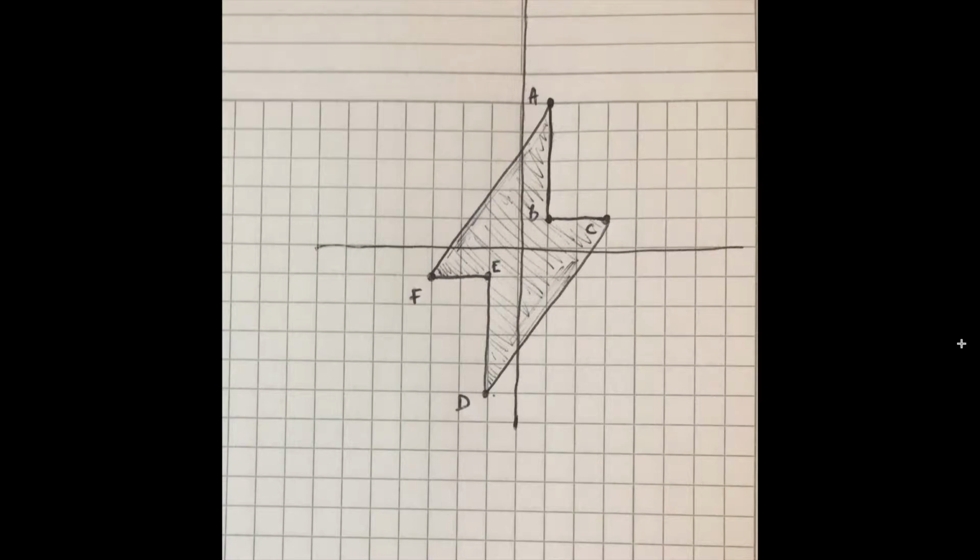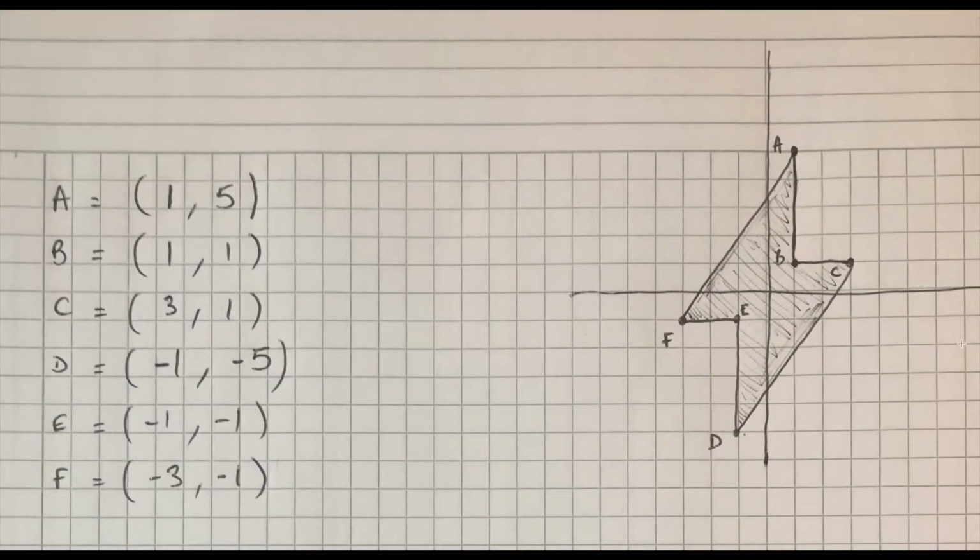And once you have all your points, you can then start to note where they are positioned on the graph. So I've done this for my bolt here. I've got A, which has an X value of 1 and a Y value of 5, and so on. So you go around and write down all the coordinates of your points, and then you will be ready to start.